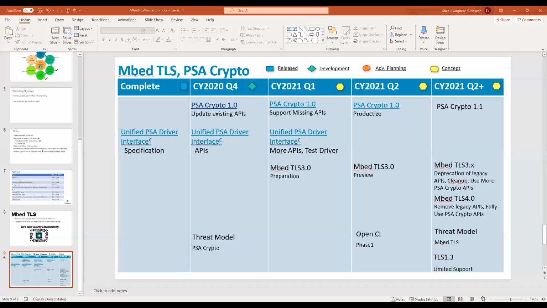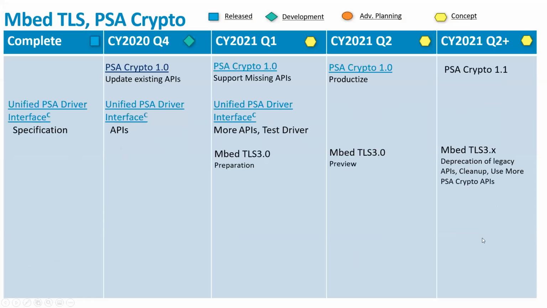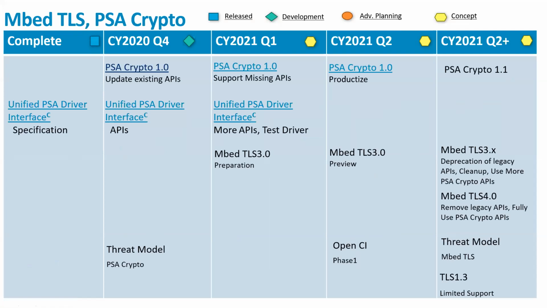The idea of the Mbed TLS 3.x series is that those APIs will still exist, but they will become deprecated in the sense that there will be a less optimized path around the PSA APIs, whereas currently it's the other way around.